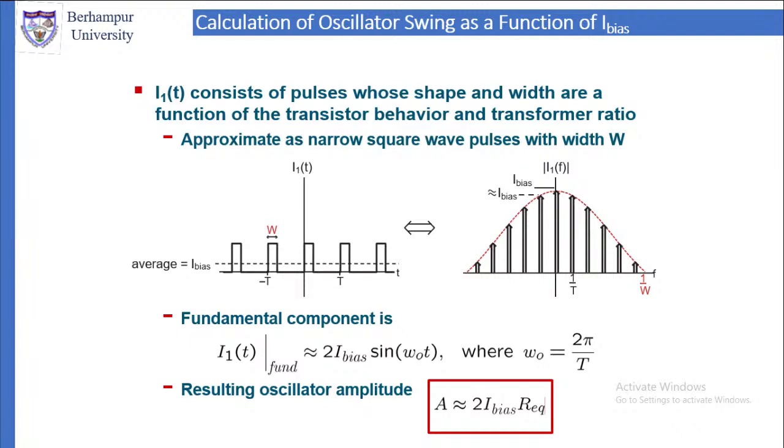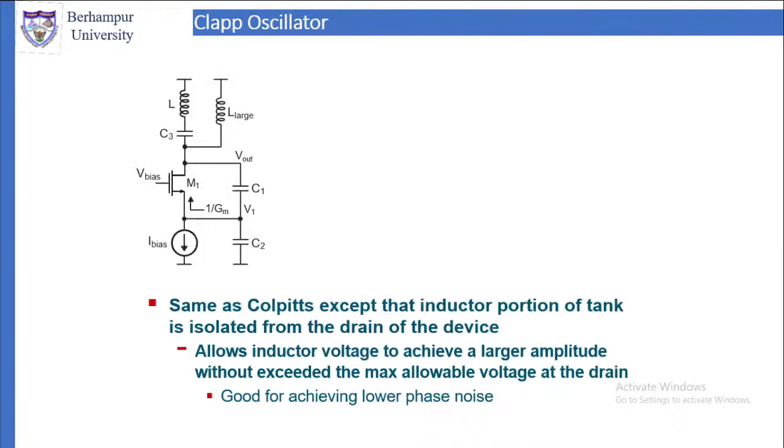The fundamental component I1T will be equal to 2 times I bias into sin omega 0 t. Omega 0 as before is equal to 2 pi by capital T. A in this case is not I bias by 2, it is 2 times I bias into R equivalent. Earlier when we took the square wave, it was I bias by 2 into RP.